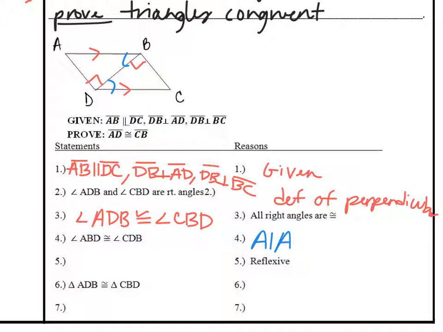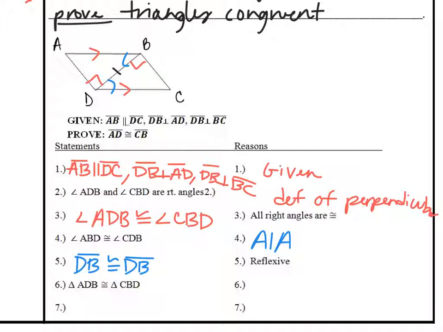Then we've got a reflexive side. Bonnie? Yep. Because reflexive. Go ahead and mark that as well. So remember, parallel markings are not congruent markings. So that red arrow does not mean it's congruent.